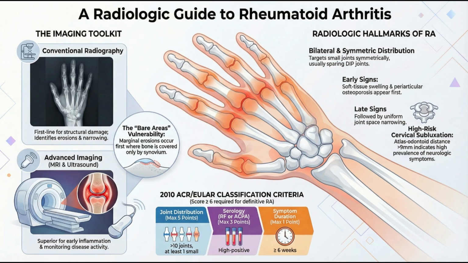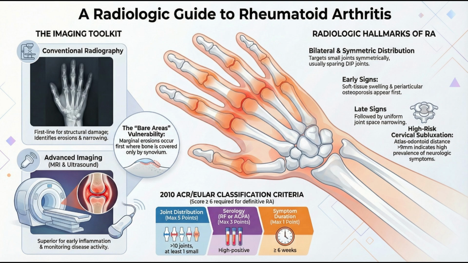Yeah. We aren't just looking at medical images here. We're decoding a chronic autoimmune disease that systematically dismantles the architecture of the body. And that is a terrifying way to put it, but accurate. So our mission today is to figure out how to read that visual language. How do radiologists spot RA? How is it different from, say, the arthritis my grandmother has in her knees?